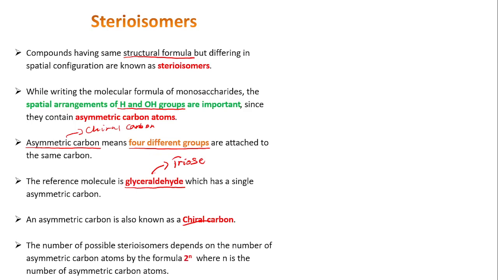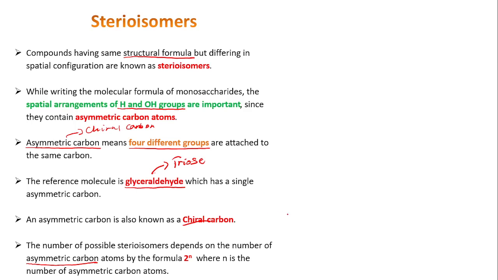Now, the number of possible stereoisomers depends on the number of asymmetric carbons. The number of stereoisomers depends on the number of asymmetric or chiral carbons in that particular molecule.